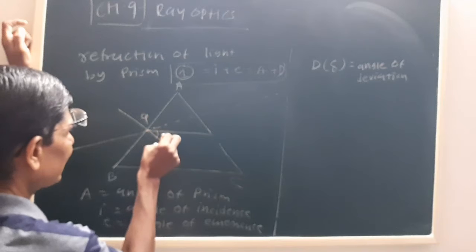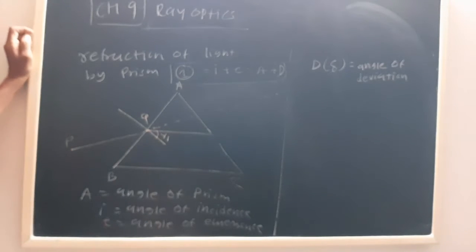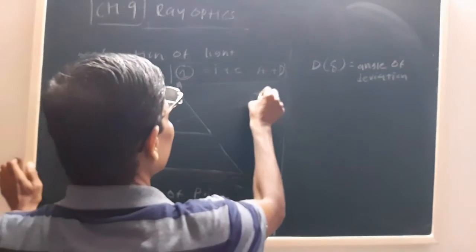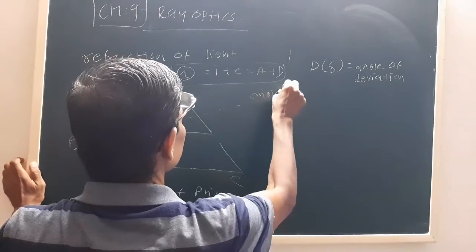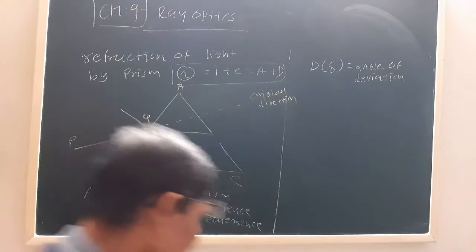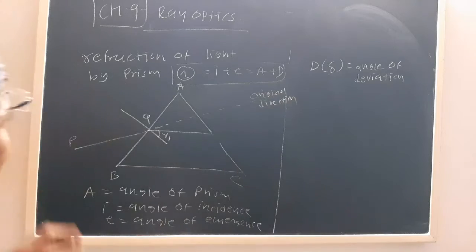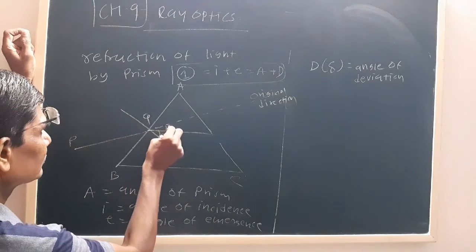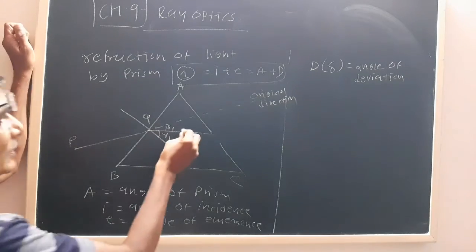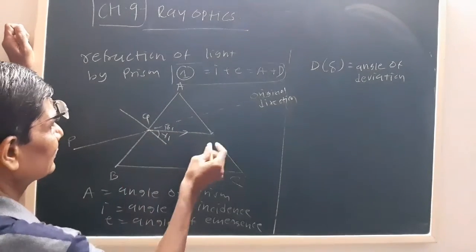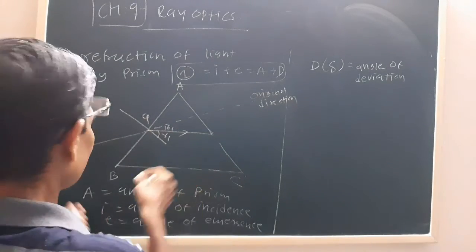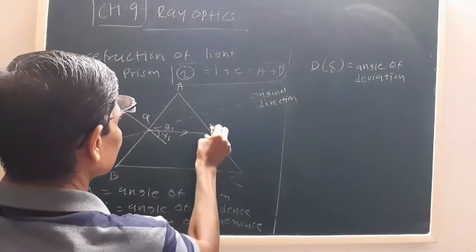Let us say the first time refraction takes place, angle is R1. Now this is the original direction, and its path is deviated, let us say by delta 1. After refraction, the ray will travel in QR direction.